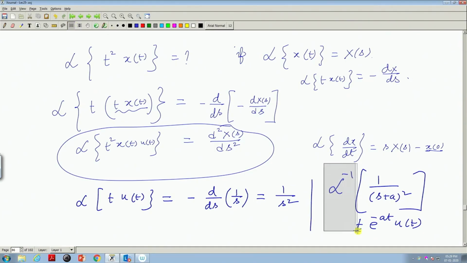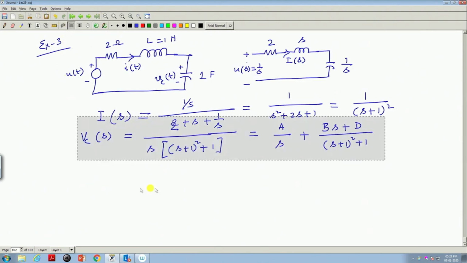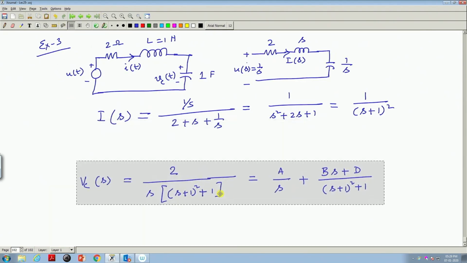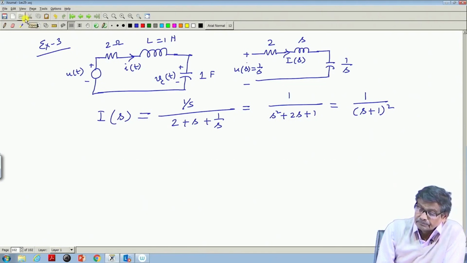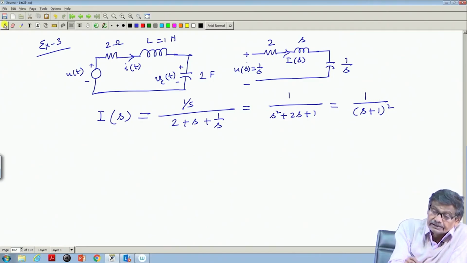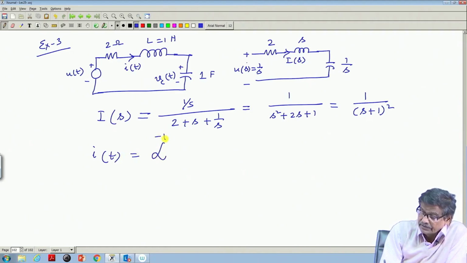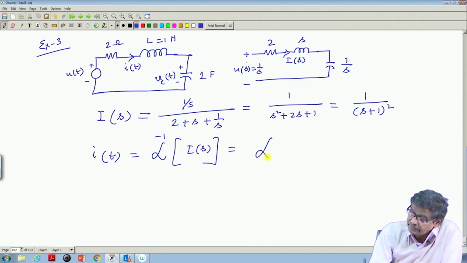So, copy it, go to the last page and paste it here. So, what did I write? Therefore, i(t) will be equal to Laplace inverse of I(s), which is Laplace inverse of 1 by s plus 1 whole square.